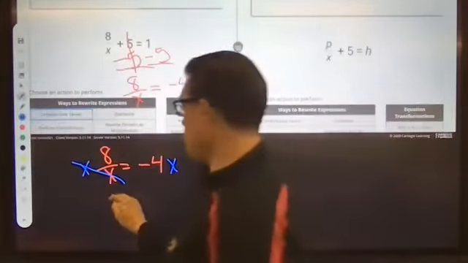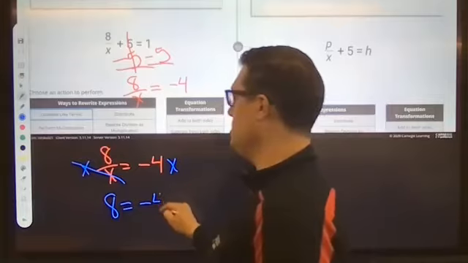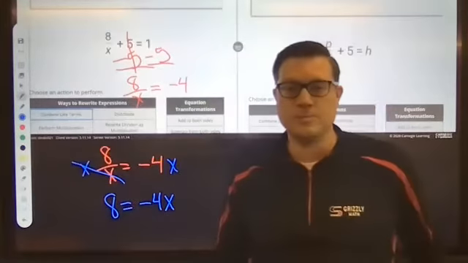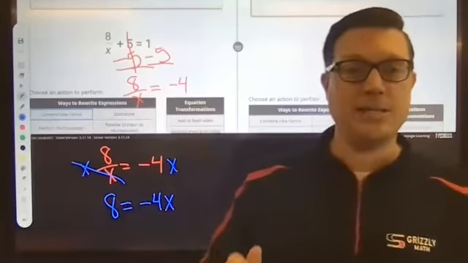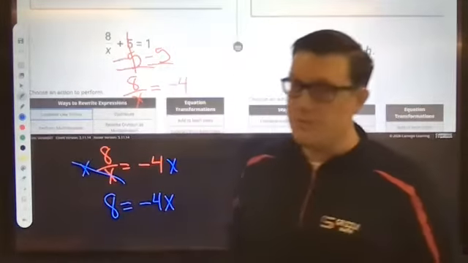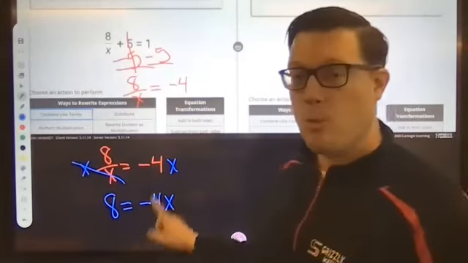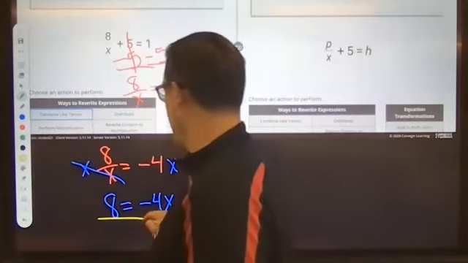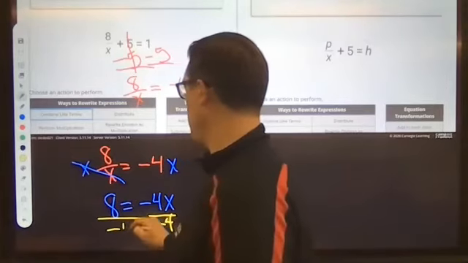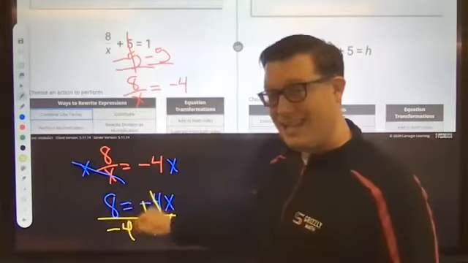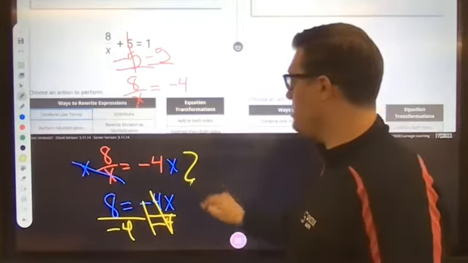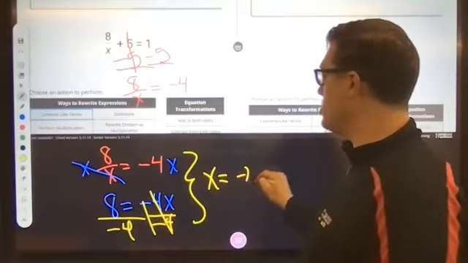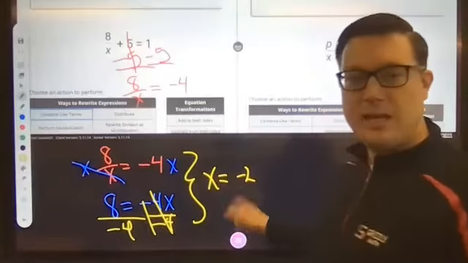Rewrite. 8 equals -4x. Now we have the last step. This is the step that I believe most of you know how to do. This is the step where we divide both sides by -4. Cancels, and 8 divided by -4 means that all of this work goes to show that x is -2.